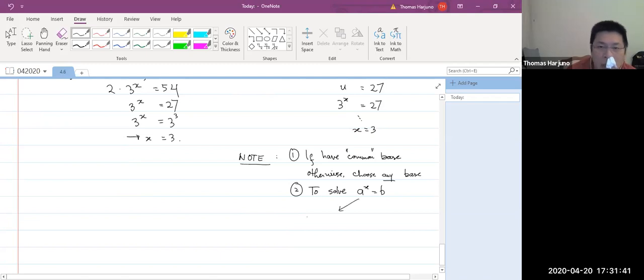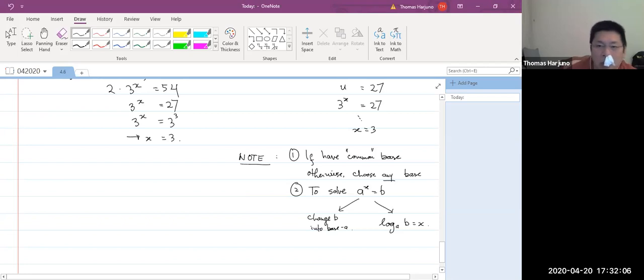Either we change b into base a, or you write log base a of b equals to x, like that. So we have those options.